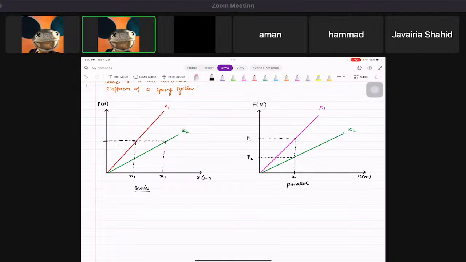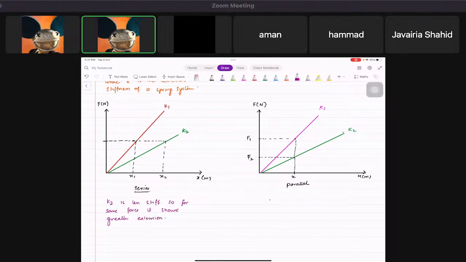So what you can basically comment on this is that in this one K2 is less stiff. So for the same force, it shows greater extension. Okay.